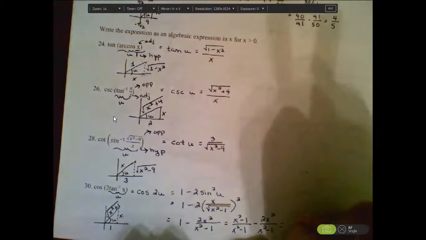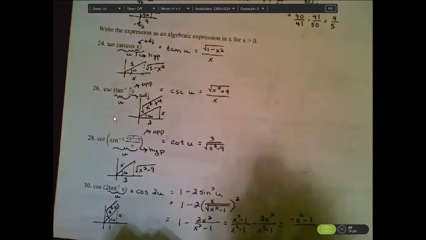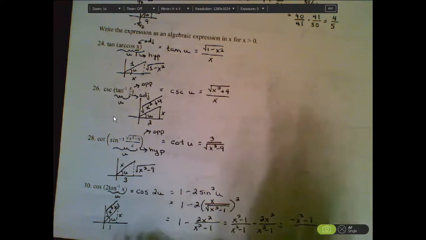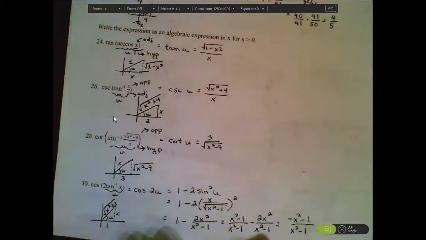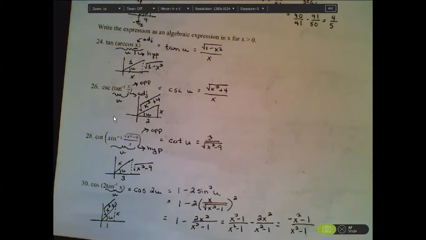That would be negative x squared minus 1 over this. Hey, are those just opposites? Can you just cancel them and leave a negative 1? The x squares are opposites, but the 1s aren't opposites.